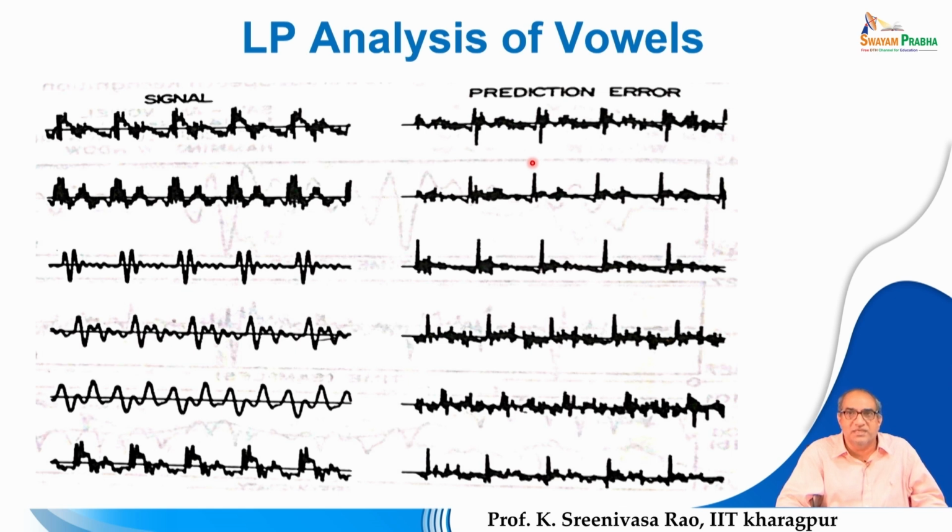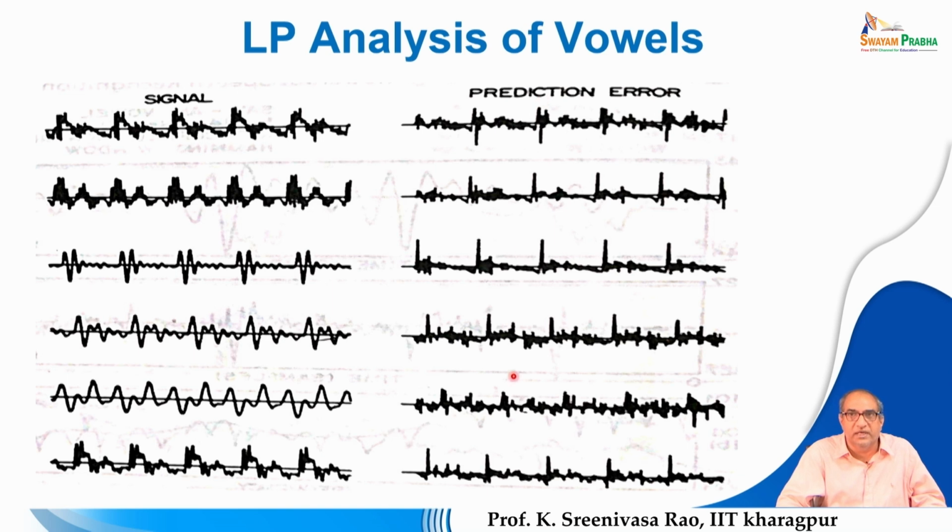It means the system responses are exactly inverse to each other. That is the reason these error signals are nothing but the excitation signals to the corresponding speech segments, because from the speech signal we predicted the prediction filter in the LP analysis, and this is the leftover.